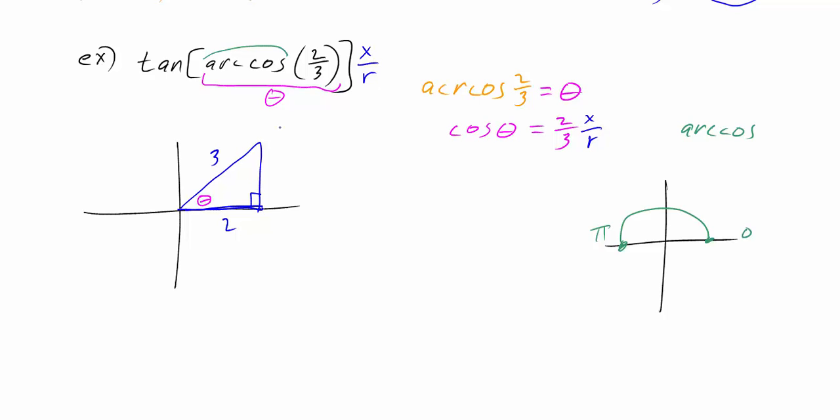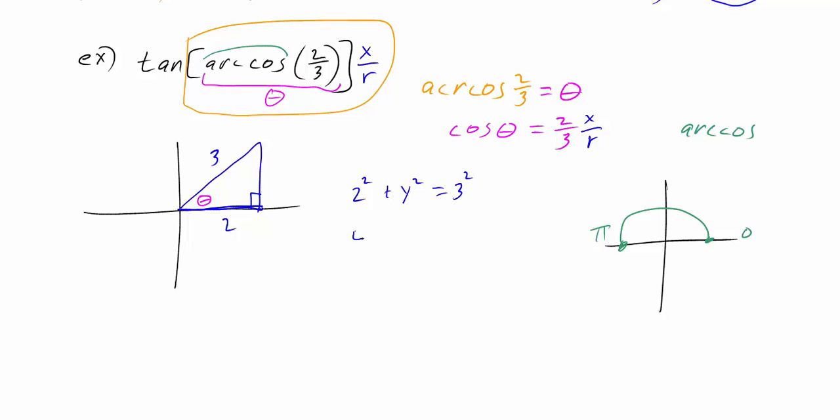Before I go any further, let me go back and review. What we've done here is use this arc cosine of 2/3 to draw and label our right triangle in the first quadrant. Once you do that, we're simply going to finish the right triangle just like we have in the past. We need to find the remaining side, so we're going to use the Pythagorean theorem, which tells us that 2 squared plus y squared equals 3 squared.